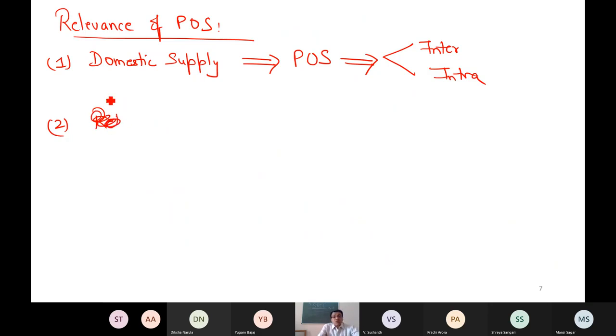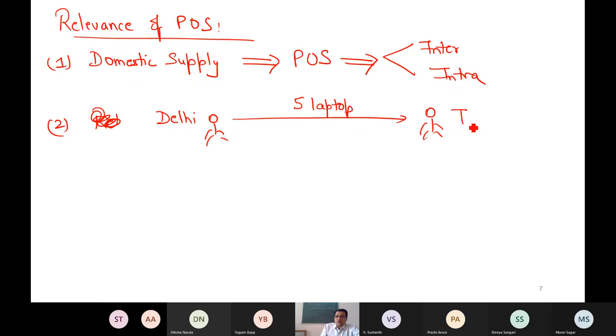Second relevance: when you know that supply is inter or intra, then the question arises, which government will get the revenue? Like I assumed an example where a businessman in Delhi has supplied 5 laptops to a person who is in Tamil Nadu. For simplicity. In reality, until you are taught the topics of location of supply and place of supply, you cannot judge exactly.